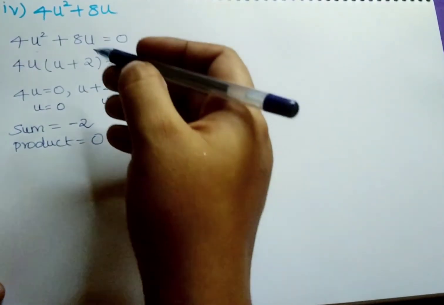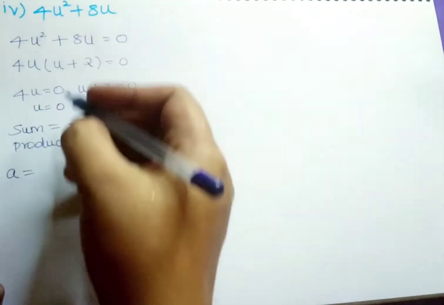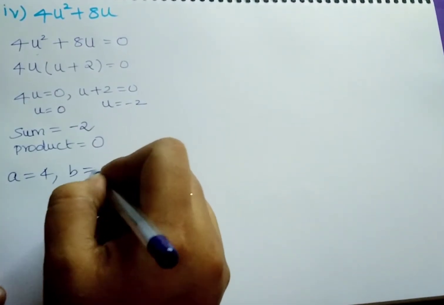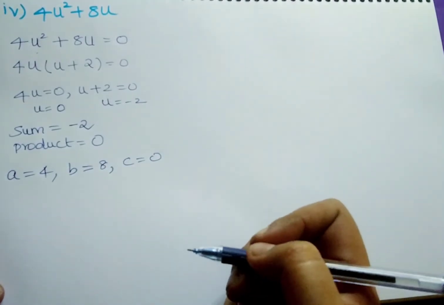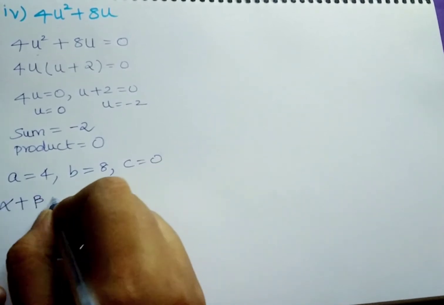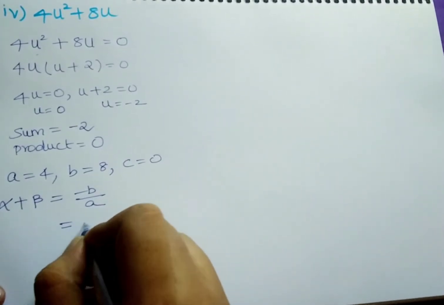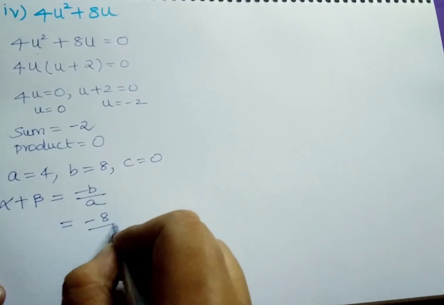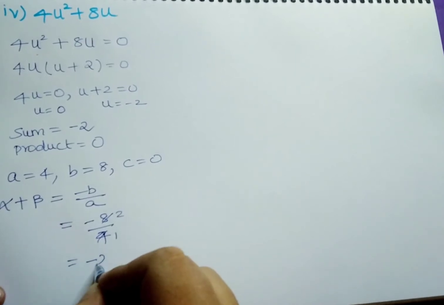And by coefficient method, the coefficient of x square is, here it is u square, so 4, and u term it is 8, and constants we don't have, it is 0. By formula, the addition of zeros, alpha plus beta is minus b by a, so when we substitute, minus into plus is minus 8 by 4, so when we cancel, it is minus 2.